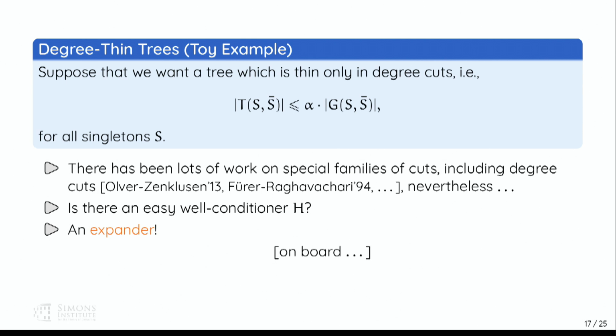The answer is that you can always add an expander to your graph and make sure that this happens. So what's the point? The point is that if you add an expander to your graph, you're not blowing up the degree cuts. This is a constant degree expander, let's say a 3-regular or k-regular expander.